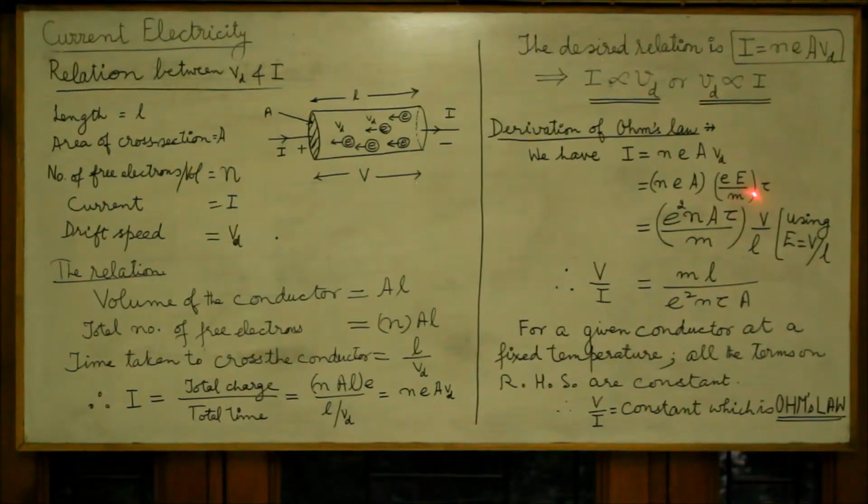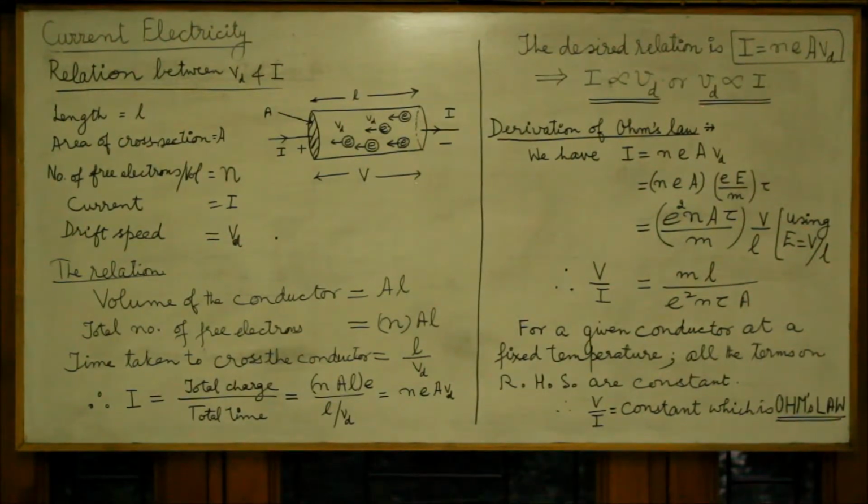The expression can be rewritten as e square n A tau upon m into V by L. Here we have used the relation E is equal to V by L, all other terms remaining unchanged, where E has been replaced by V over L because electric field is the potential gradient V by L.